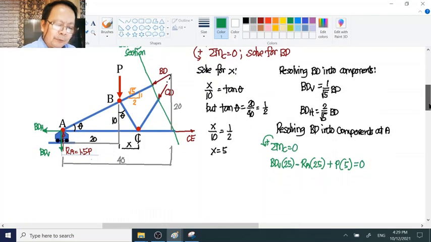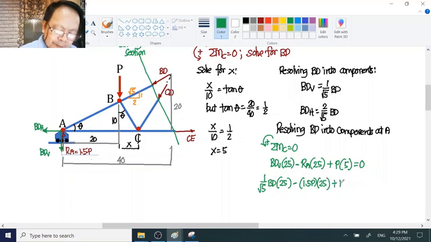Now if we will be substituting here the value of BD, in terms of BD, that is 1 over the square root of 5 of BD multiplied by 25, minus RA, which is already taken at 1.5 of P, multiplied by 25 also, di ba?